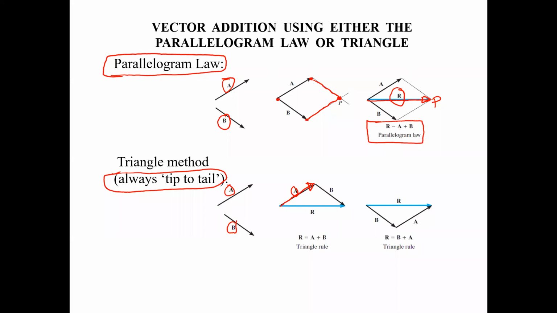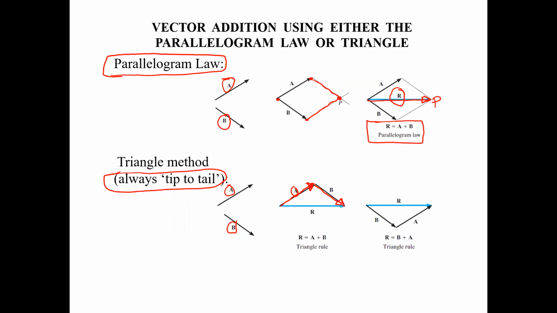Now, tip to tail, okay? So this is the tip of vector A. So draw vector B from the tip of vector A, like this. So tip of vector A and tail of vector B join together, okay?